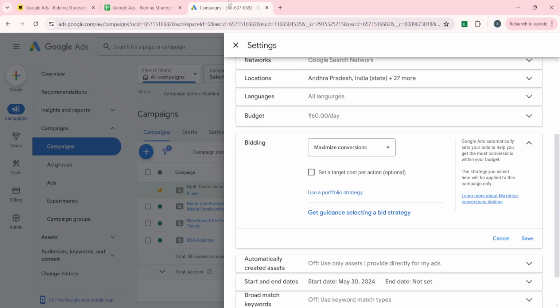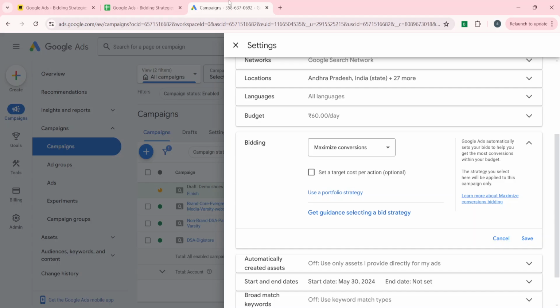So how do these algorithms find similar kinds of conversions? Let's say a user has come to Google and searched a query. Your ad appeared and he has come to your website and made a purchase, or let's say he has filled a lead form. How does Google know that it has to bring similar kinds of users? You are getting me right. It is done by the algorithms, by looking at the user and the characteristics of that person.